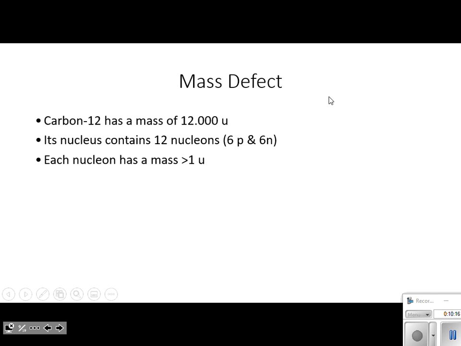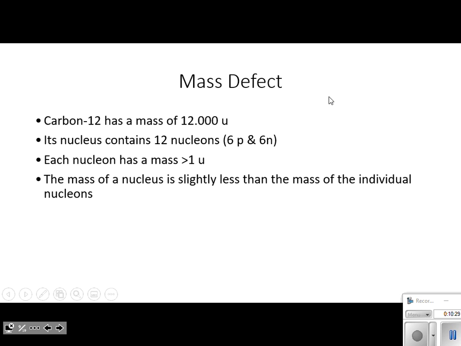If I remember right, one of them was 1.0087, so it's just a slight bit above 1. So the mass of the nucleus is slightly less than the mass of the individual nucleons. So there's a little bit of mass that is not accounted for, okay?